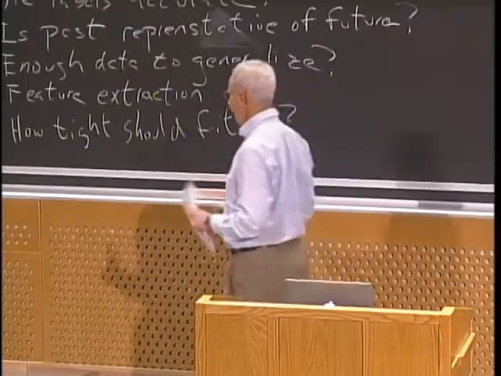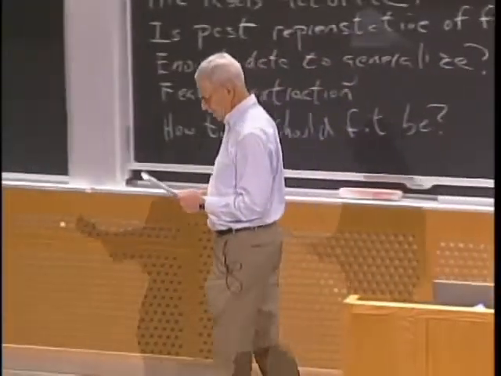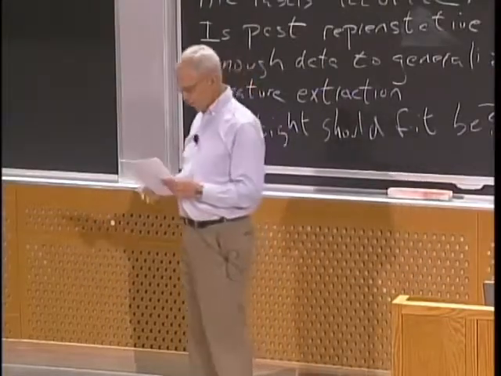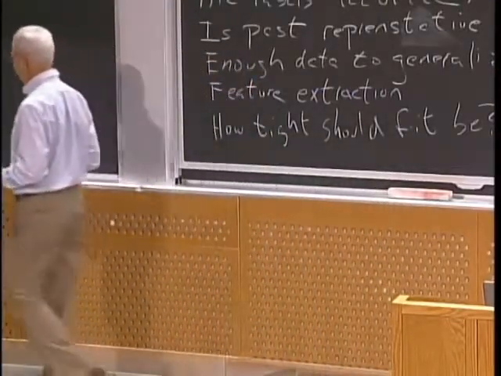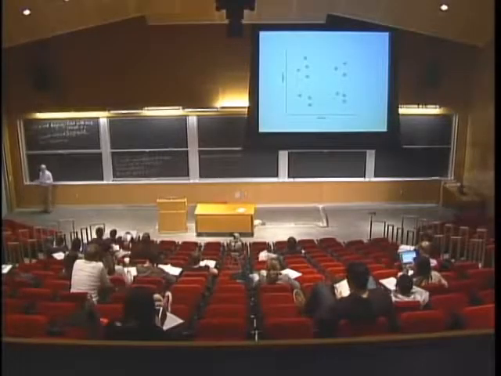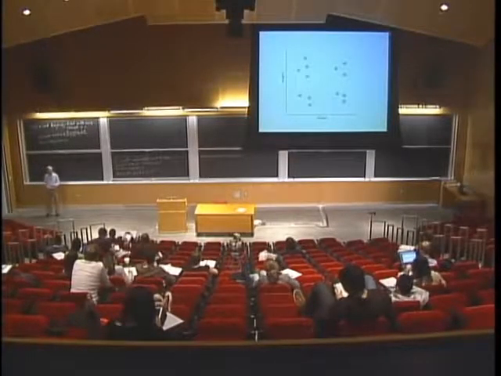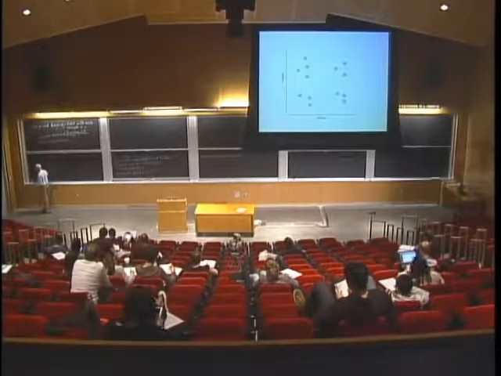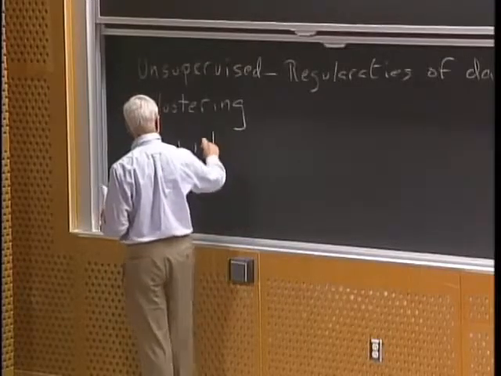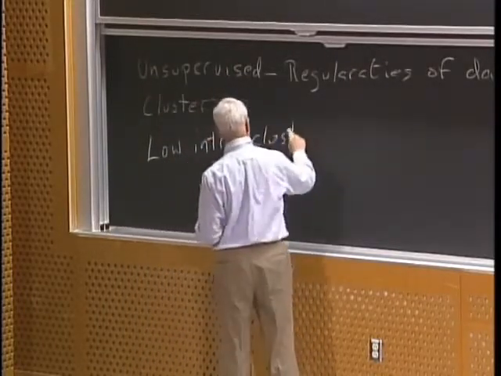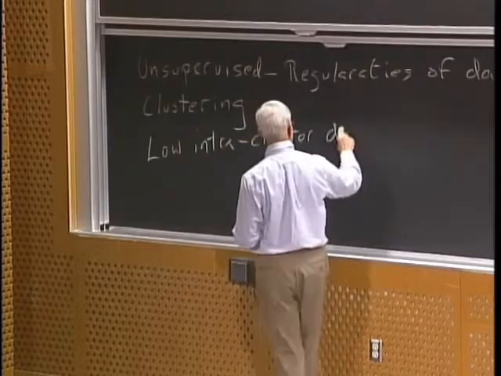So what is it exactly? Well, the nice thing is we can define it very straightforwardly as an optimization problem. And so we can ask, what properties does a good clustering have? Well, it should have low intra-cluster dissimilarity.